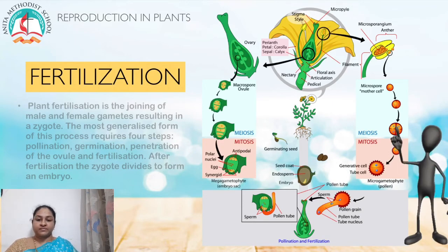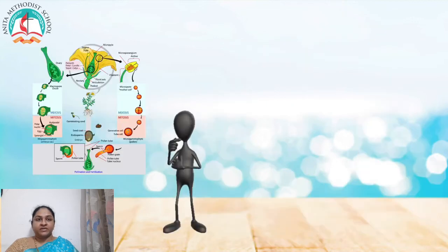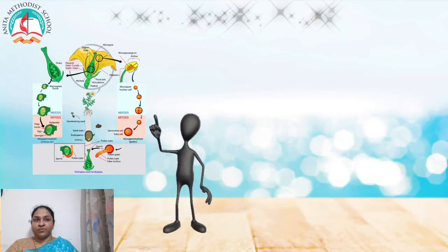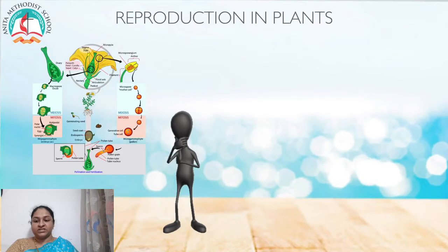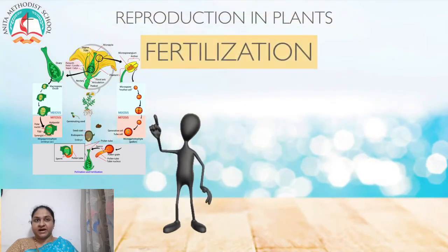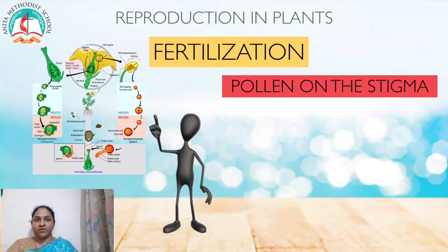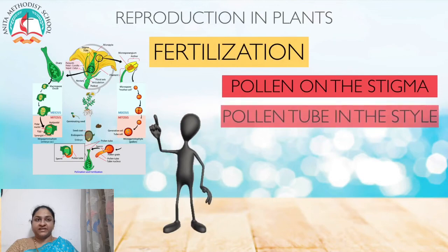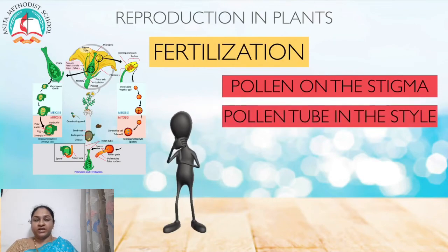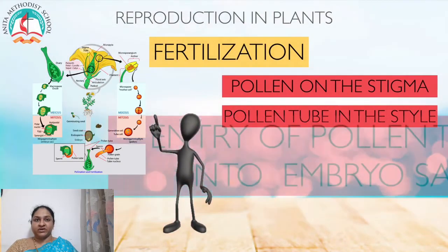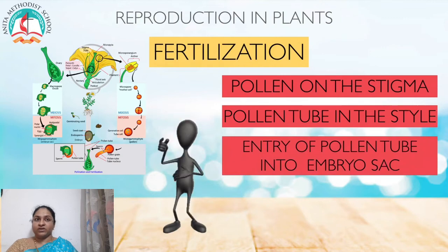So, here are the different stages involved in double fertilization. They are germination of pollen to form the pollen tube in the stigma. Then growth of the pollen tube in the style. Then we have the direction of the pollen tube towards the micropyle of the ovule.